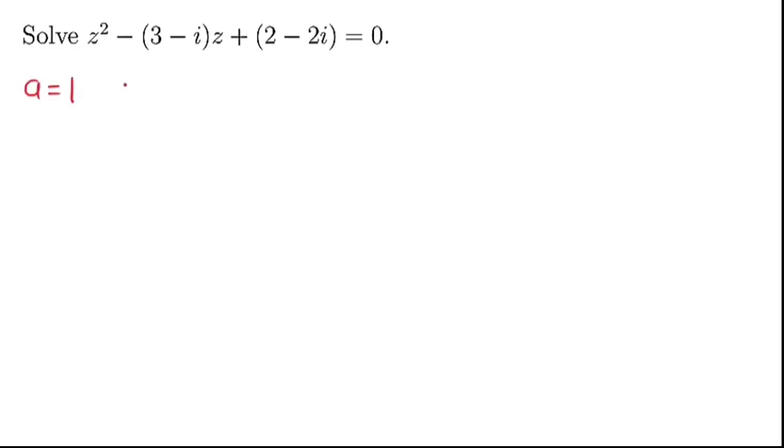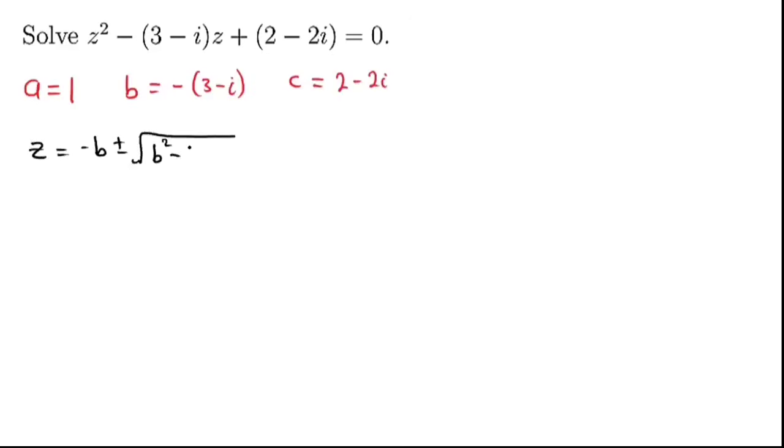The coefficient of z, which is our b, is negative, open bracket, 3 minus I. And the constant c, in this case, is simply 2 minus 2i. So z is equals to negative b plus or minus the square root of b squared minus 4ac, all this over 2a.